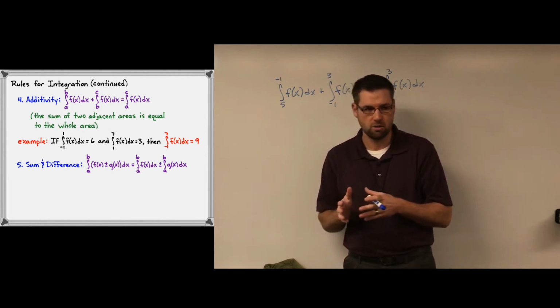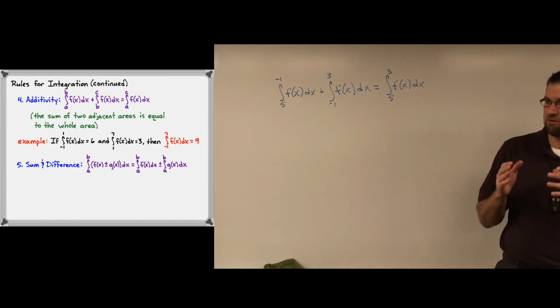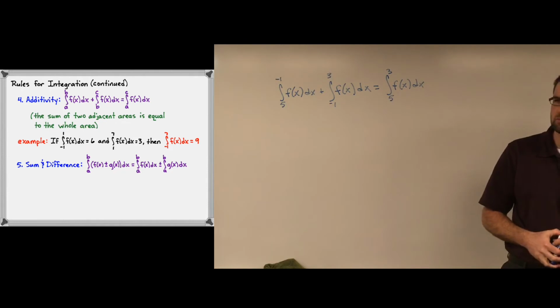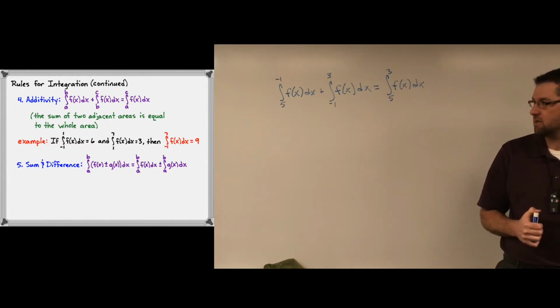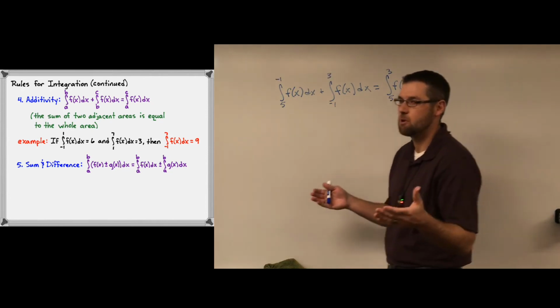So the integral of f plus g is equal to the integral of f plus the integral of g. Right? That's easy enough. But you have to make sure in this case what? The two bounds are exactly the same. Okay? You're not separating it into two separate bounds.